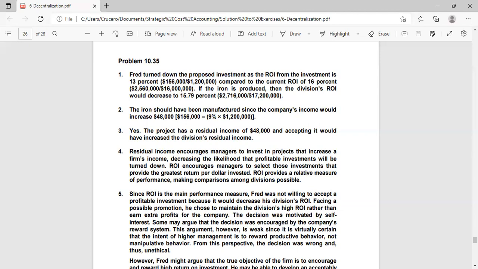The cost of the equipment was estimated at 1.2 million. The division's marketing manager estimated operating earnings from the new line to be 156,000 per year. After receiving the proposal and reviewing the potential effects, Fred turned it down.